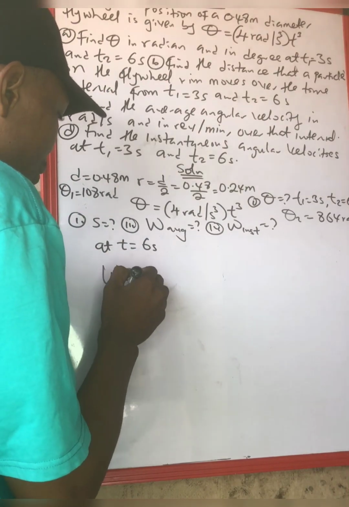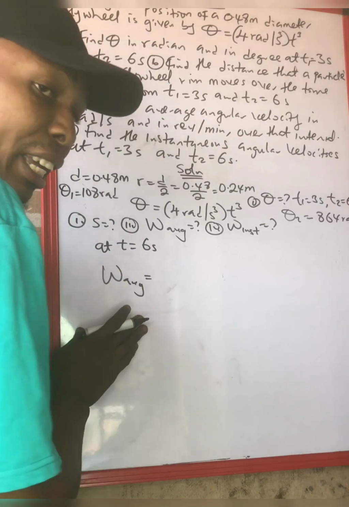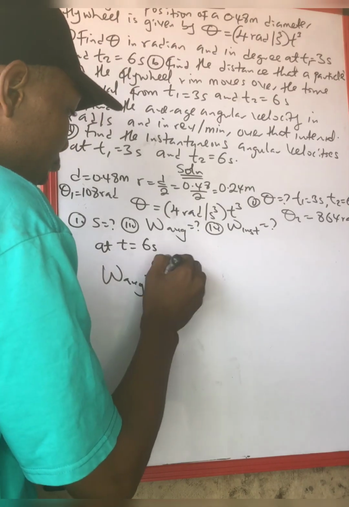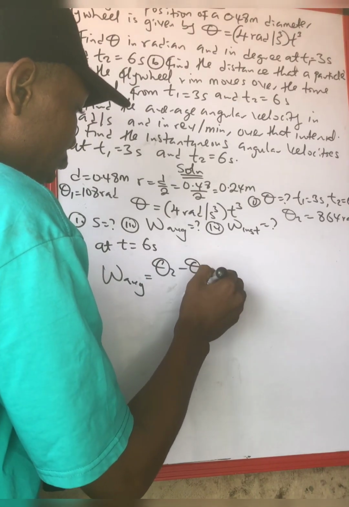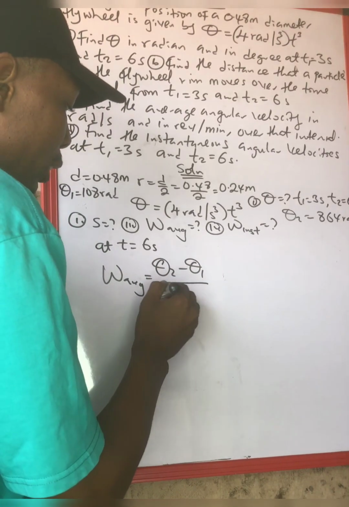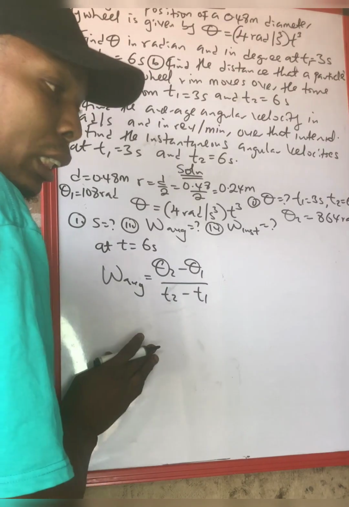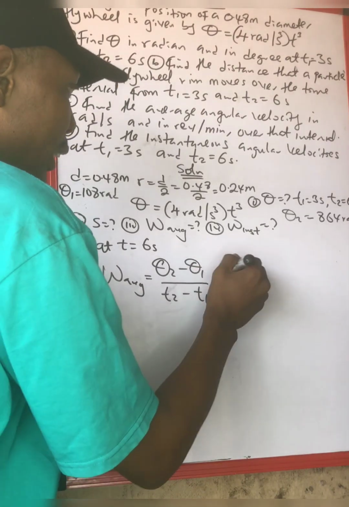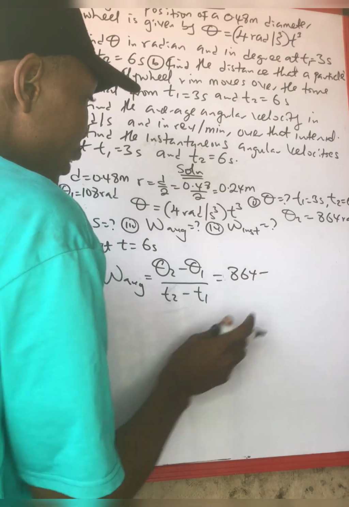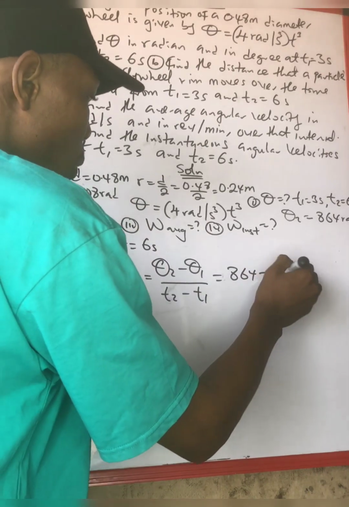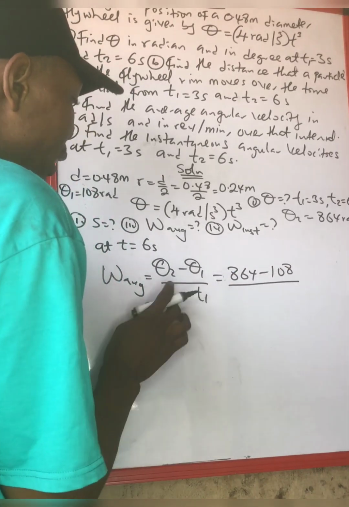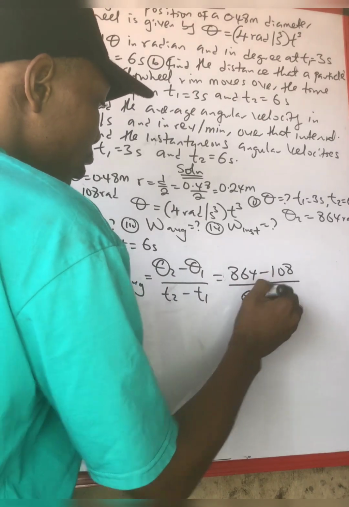All right, now for the number 3 question, we're asked to find the average angular velocity, that is omega average. In my previous video, I gave you the formula for it, which is theta 2 minus theta 1, all over t2 minus t1. So from here, our theta 2 is 864 minus theta 1, which is 108, all over t2, which is 6, minus 3.